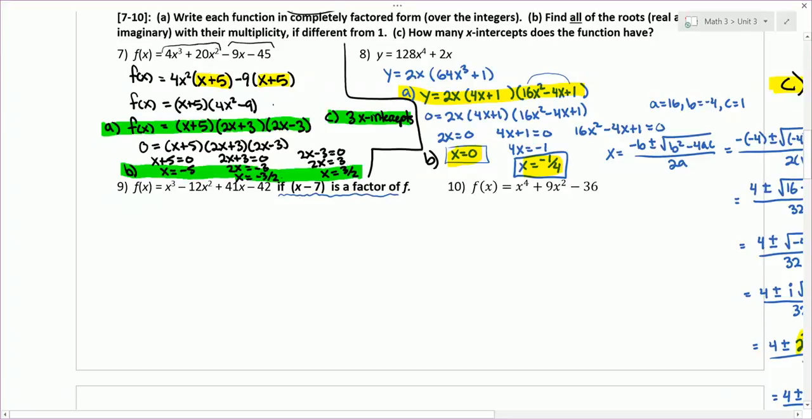I'm going to use synthetic division to do this, and we can use that here. So to set up our synthetic division, we're going to put a 7 from the x minus 7. Using the opposite, we had x minus 7, here we're using a positive 7.